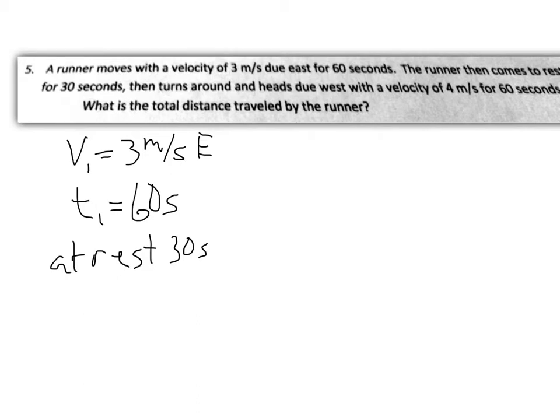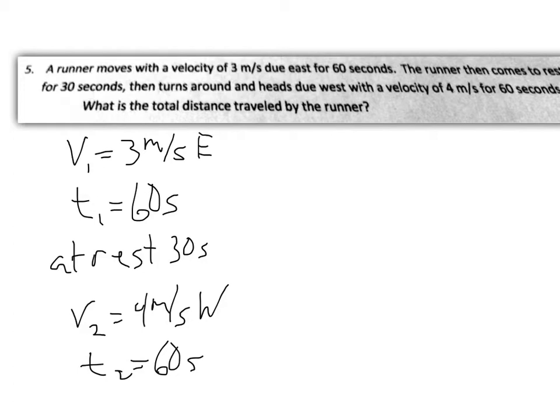Then turns around and heads due west at 4 meters per second. For 60 seconds. What is the total distance traveled by the runner?